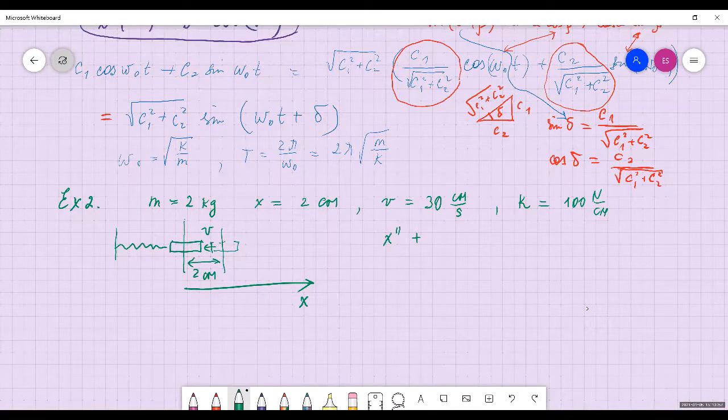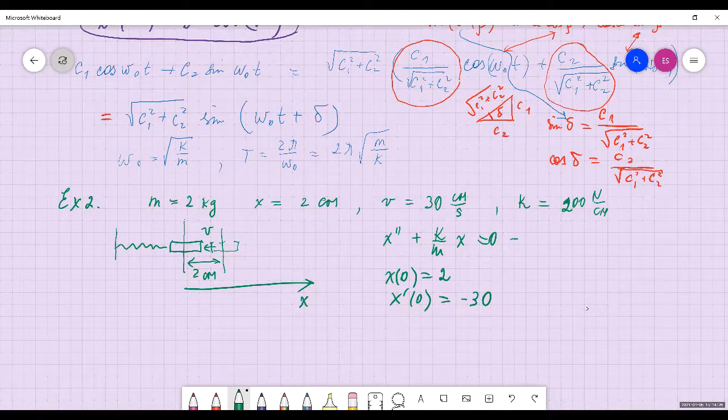Maybe 100, maybe 200. I don't want to deal with weird square roots. Let's do 200 newtons per centimeter. So here I have to put k over m, here x equals 0, and the initial conditions x of 0 equals 2 and x prime equals minus 30, because we kicked it in the opposite direction. We kicked it to the left.